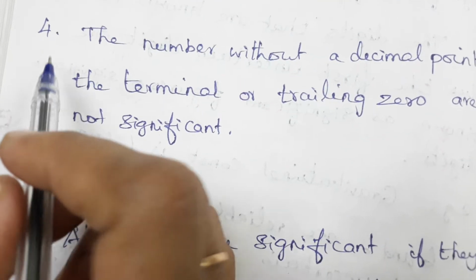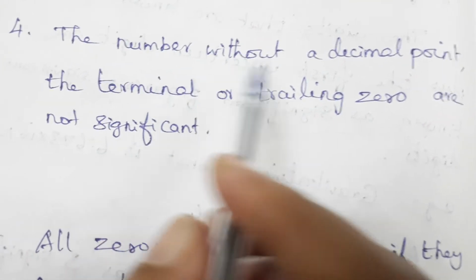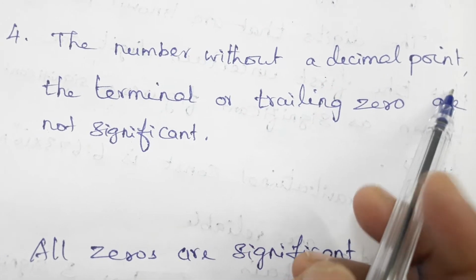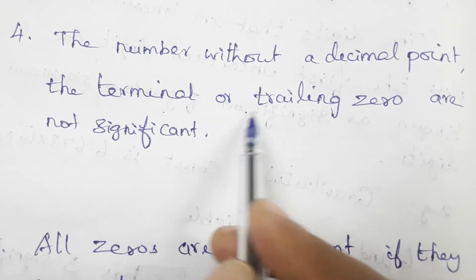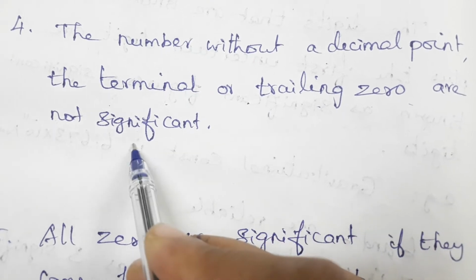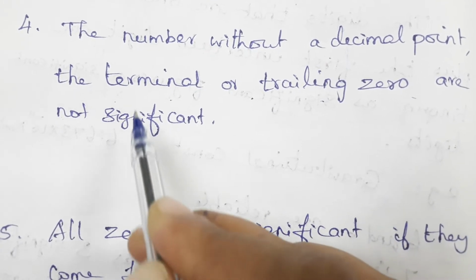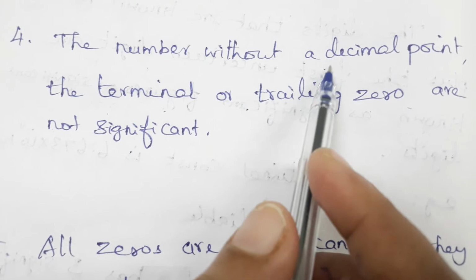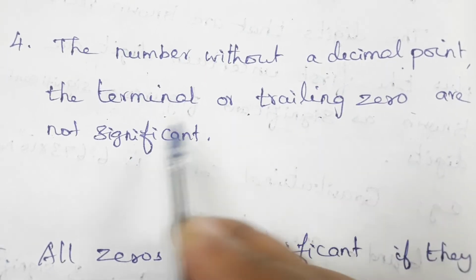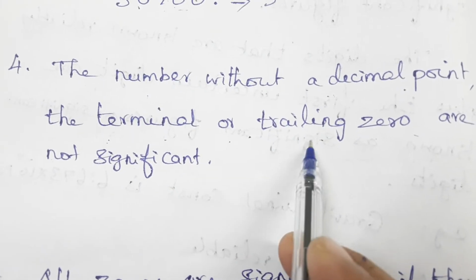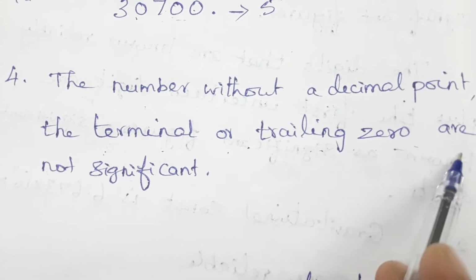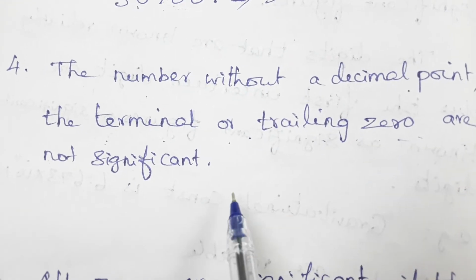Next rule: in a number without a decimal point, the terminal or trailing zeros are not significant.